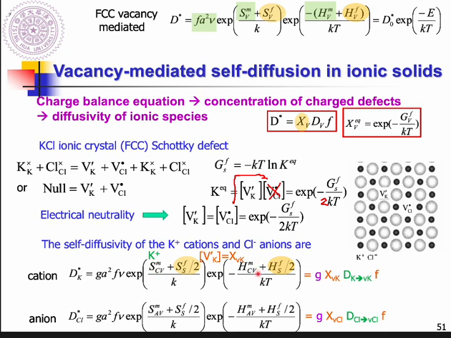Migration Gibbs energy, so separate them into enthalpy and entropy terms. So it will be identical with this one. And also FCC, so I copy fa squared mu here. So this will be the diffusivity of potassium jumping into a vacancy at the potassium side, and the G here.